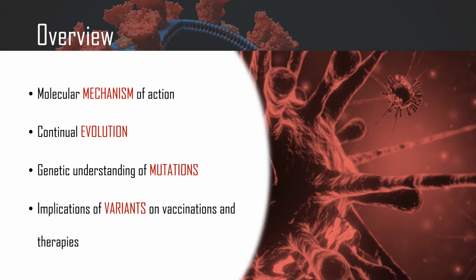I'll then discuss the genetic evolution of the virus, aided by an example of a known mutation. We continually see emerging variants, so this understanding on a molecular scale may prove useful. In line with this understanding, I will discuss how variants arise due to mutations and also their implications on the effectiveness of vaccines and therapies.